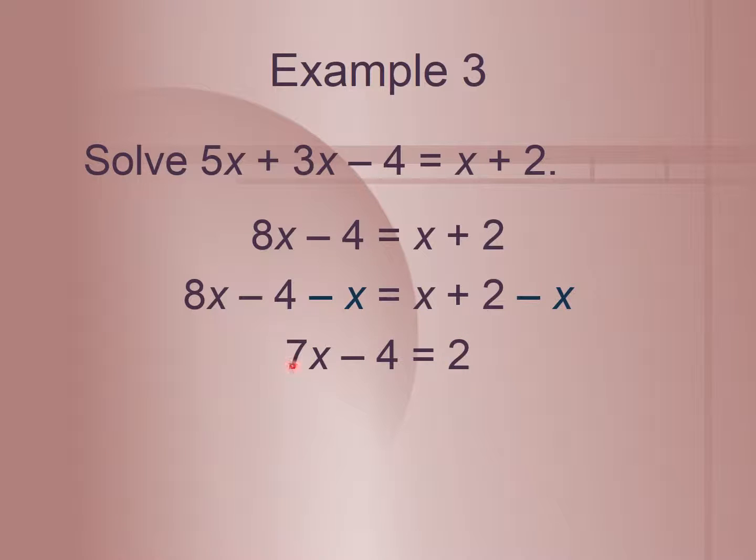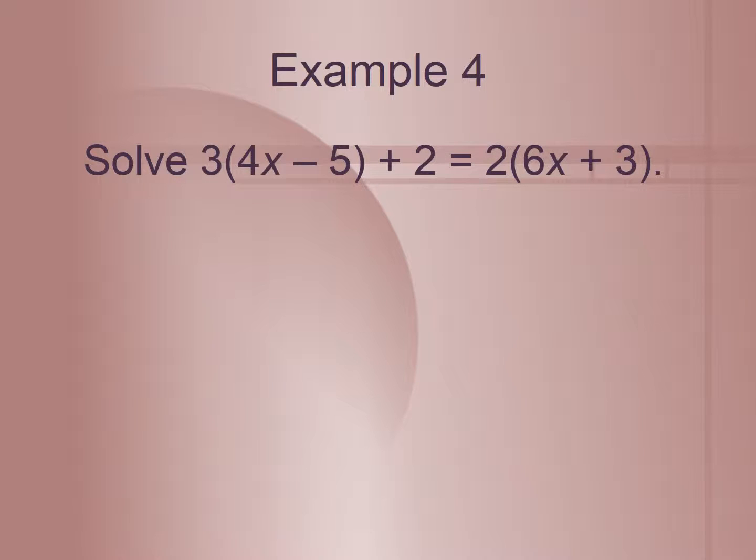Now I've got a two-step equation. So I'm going to take care of addition and subtraction first. I'm going to add 4 to both sides, and I get 7x equals 6. And then I'll divide both sides by 7 to get my final answer of 6 over 7.